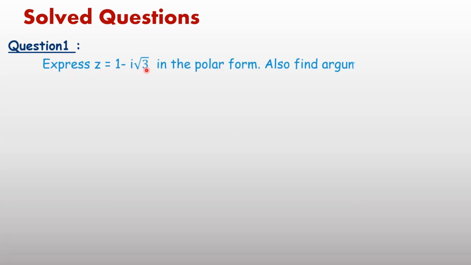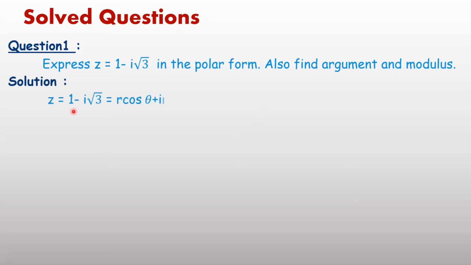Now some solved questions. Z equal to 1 minus i root 3 is given. You have to convert it into polar form and also find argument and modulus. Solution: write 1 minus i root 3 as r cos theta plus i r sin theta. Equate both sides.